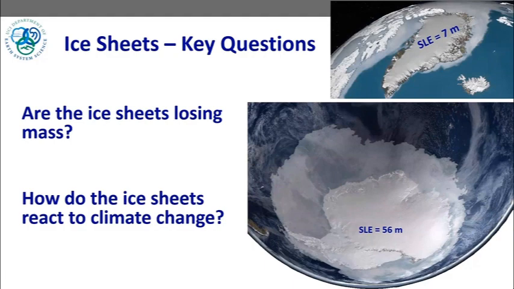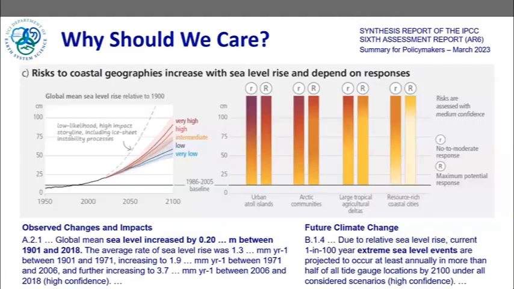The sea level equivalent of the two is shown here, meaning that if all the ice were to melt, we would be looking at a corresponding sea level increase. I don't think anybody would think that's the case, except for a really, really bad environmental scenario. But some of you oceanographers would enjoy that and have more area to work in.